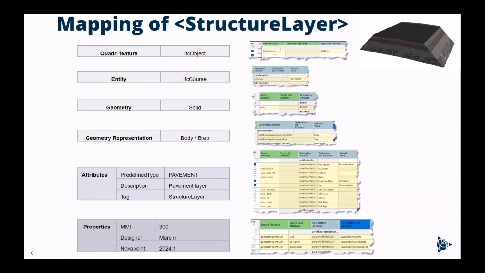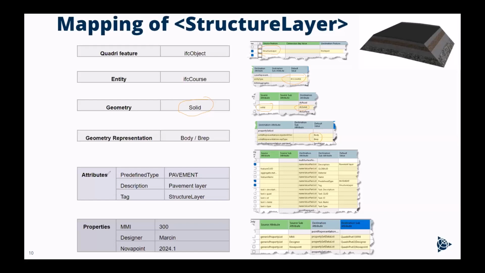Then we know that this IFC course has a solid geometry, so we want to connect our solid with IFC solid. This is a very simple mapping. Then this solid needs to also be represented, so we need the geometry representation, which is also part of the schema. We present it as a body rep, and you can find that solid representation in conversion rules.